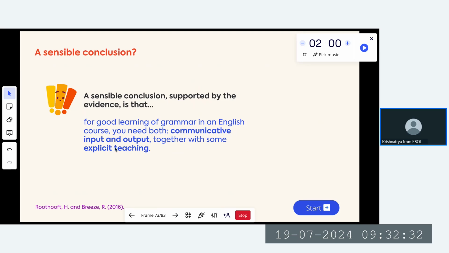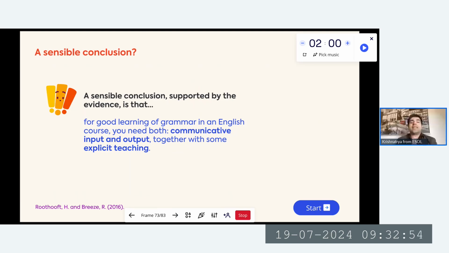I repeat, the most important thing that we understand from this lesson is focus on communicative input-output with explicit teaching. That means do not only teach explicit and do not only do communicative. Make sure there is explicit teaching, but largely there should be communicative input-output. That means real life application of it as well. That's what we understand from today's webinar.